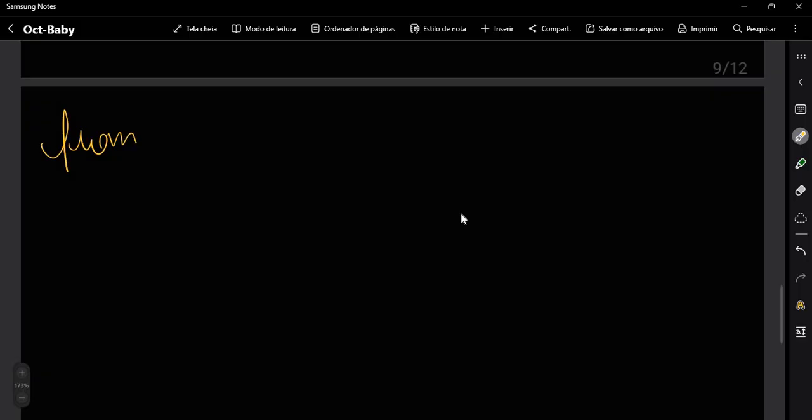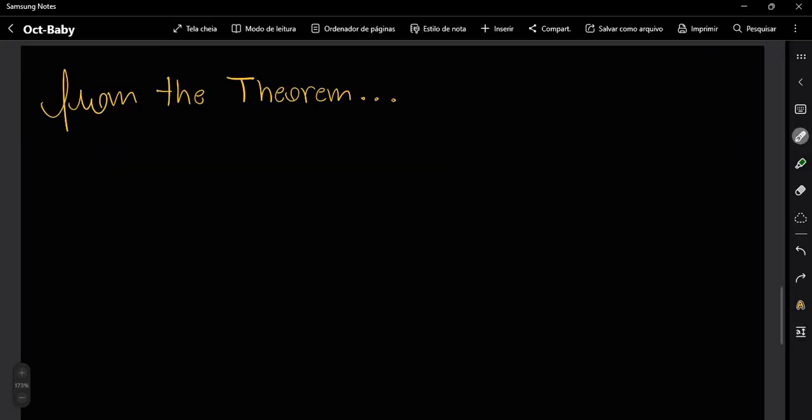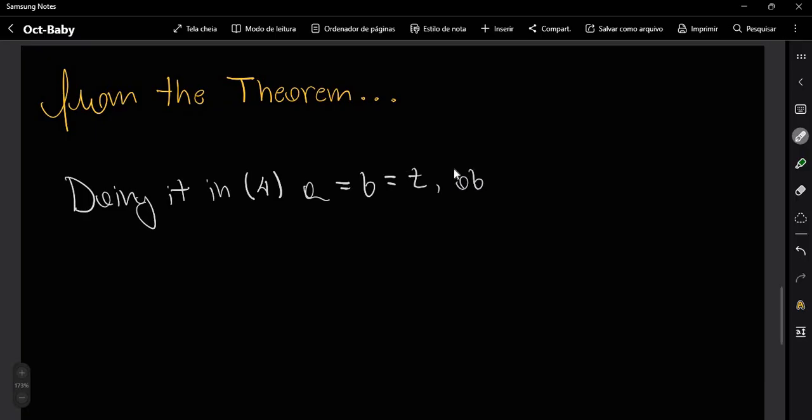So from the theorem, for A equal B equal t, we obtain cosine of 0.